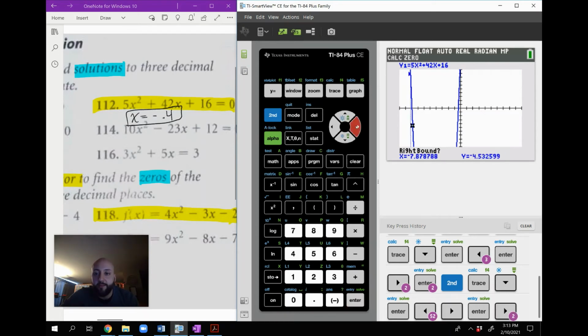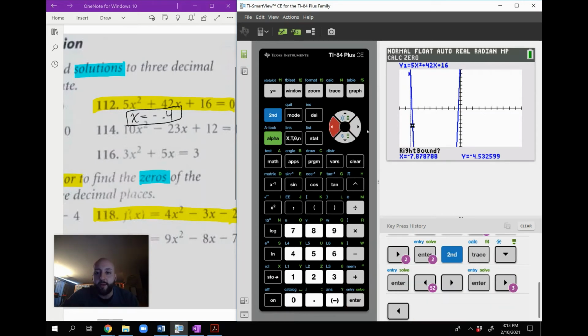Now it's asking for the right bound. I press the right arrow until I get somewhere past it. Again, there's no specific place where you have to press enter. You can press it here, here, here. Don't go all the way here and press enter, because then your window is going to contain both zeros.